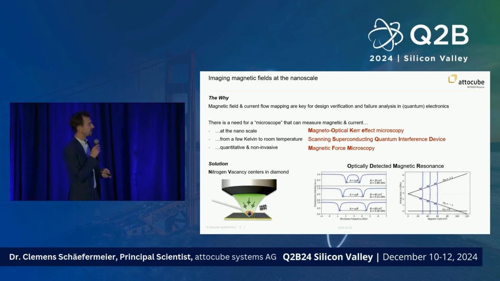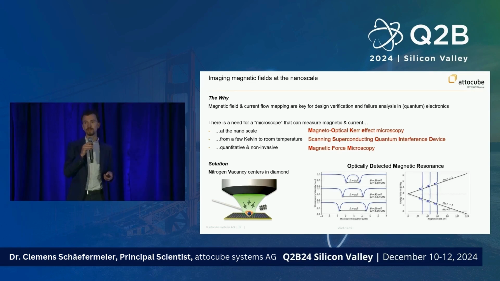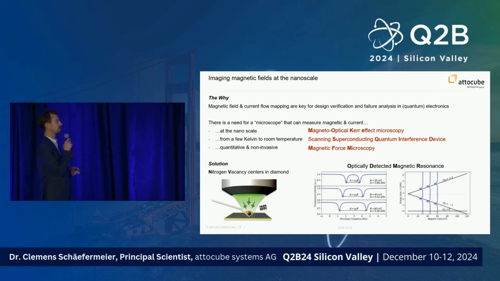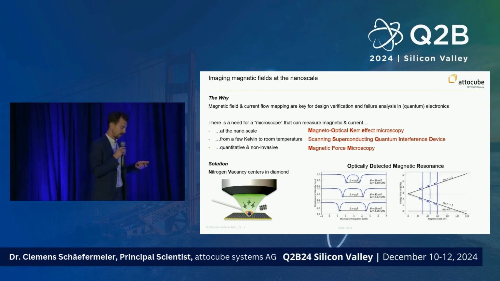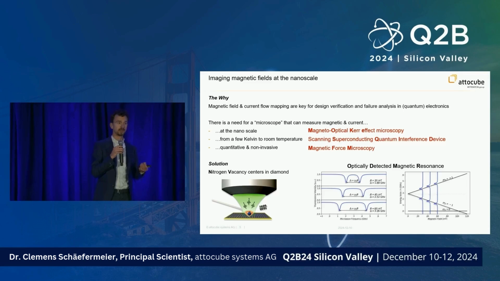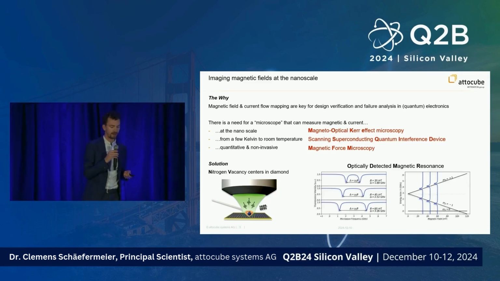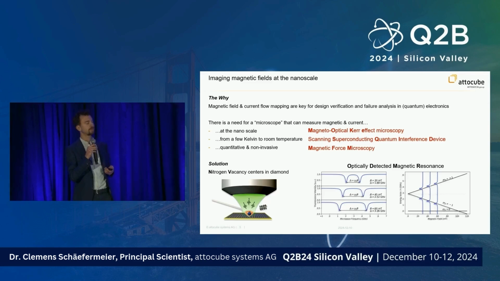And we believe that a solution, and a well-proven solution, is the nitrogen vacancy center in diamond. So the way this works is basically you have a nitrogen vacancy center, which is typically implanted in a synthetic diamond. And you can think of it as an artificial atom.